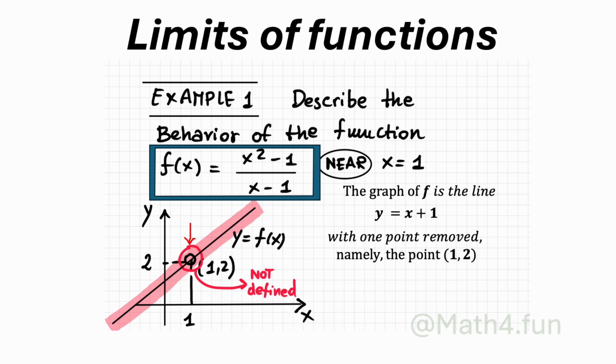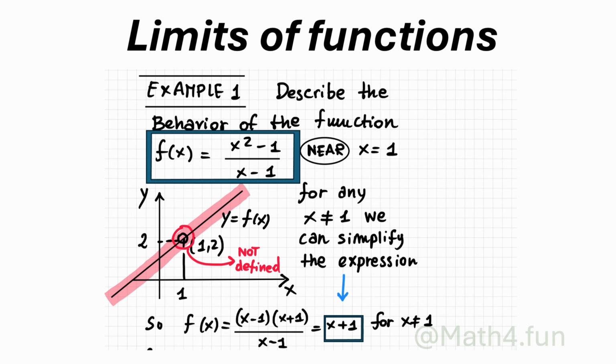So how can we draw it when the point is not in the solution? Just a hole in the graph. So for any x different from 1, we can simplify the expression.